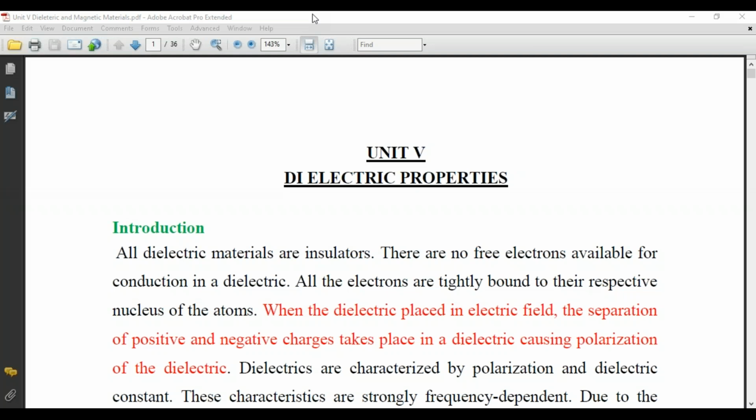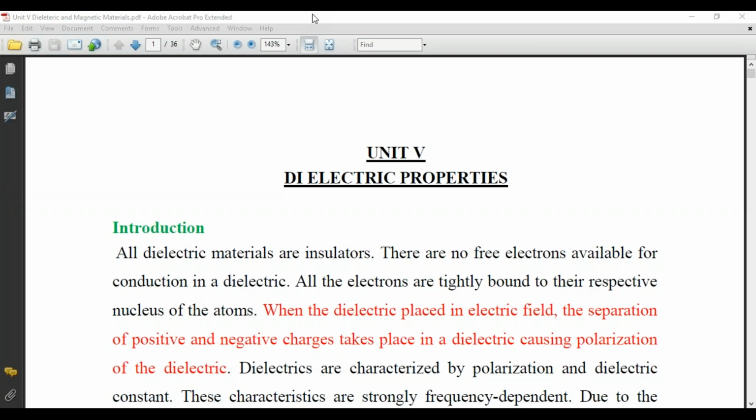See, for example, if you see this diagram, when the field is zero, this is what is called a dipole. There is a separation between the positive charge and negative charge that causes a permanent dipole moment. The permanent dipole moment exists even in the absence of an electric field.